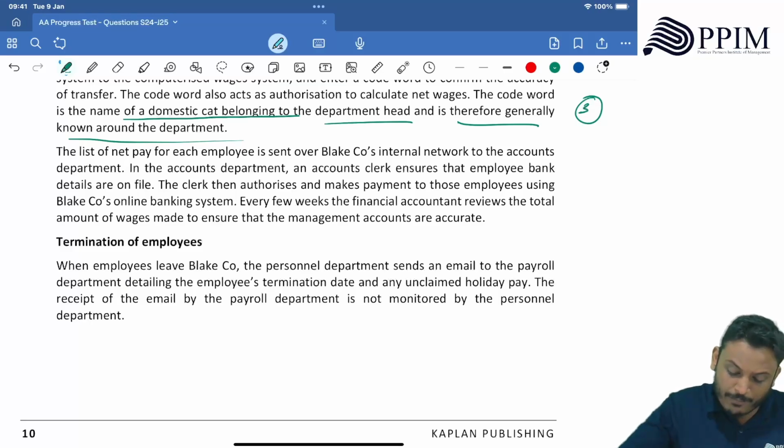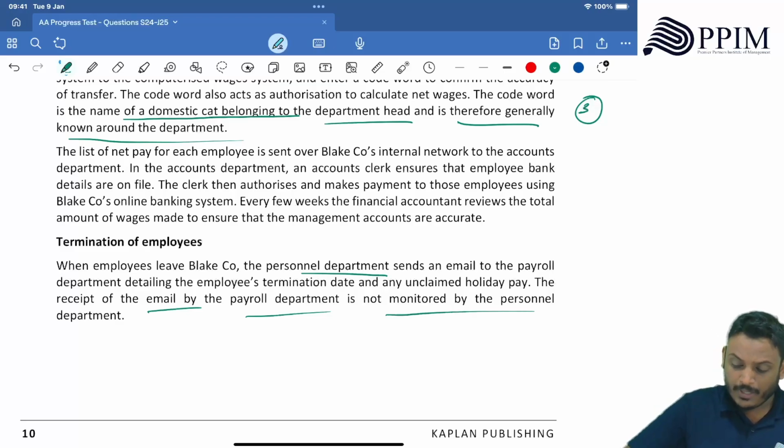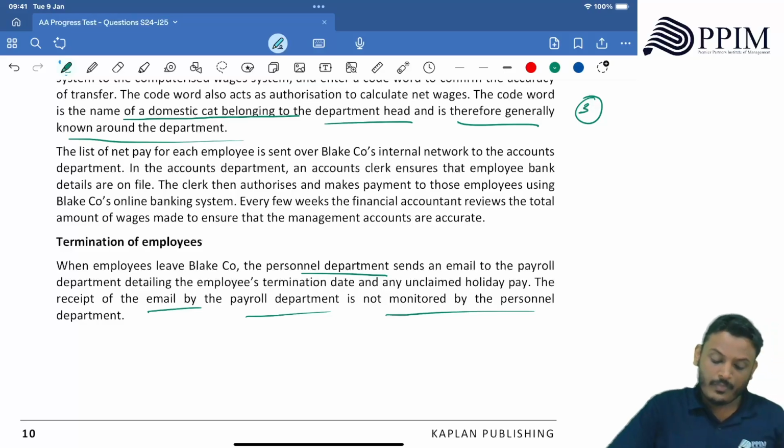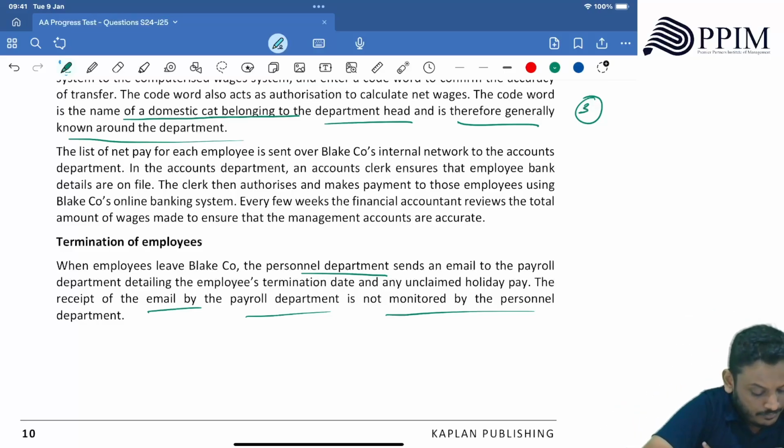When an employee leaves the company, the personnel department, that is the HR department, sends an email to the payroll department detailing the employee's termination date and unclaimed holiday pay. The receipt of the email by the payroll department is not monitored by the personnel department. Whenever employees leave, the personnel department sends an email.